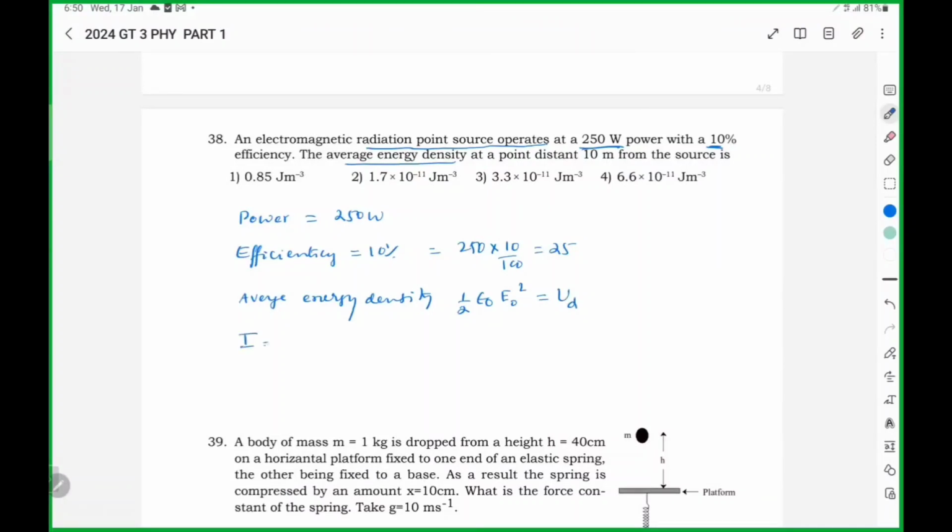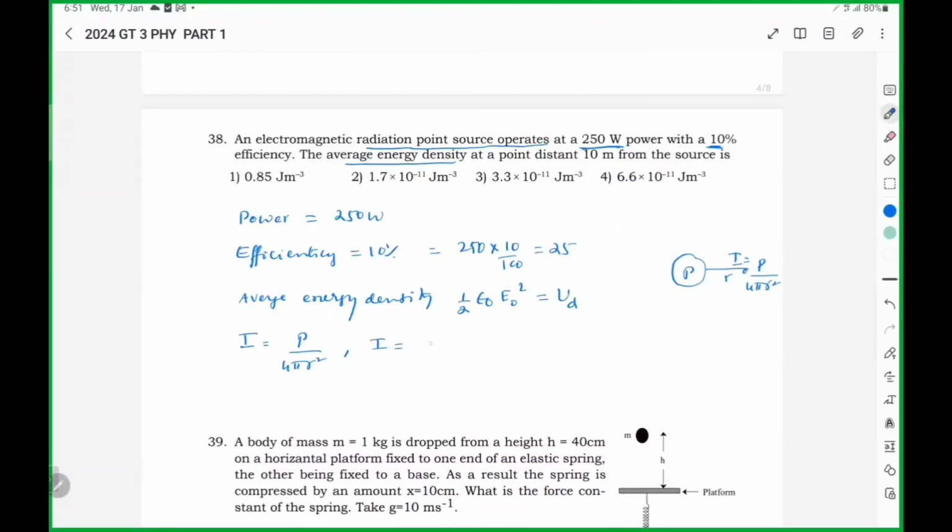So intensity is equal to... the point source intensity is inversely proportional to R square. As R increases, since intensity is power per unit area, intensity decreases. That is one formula.